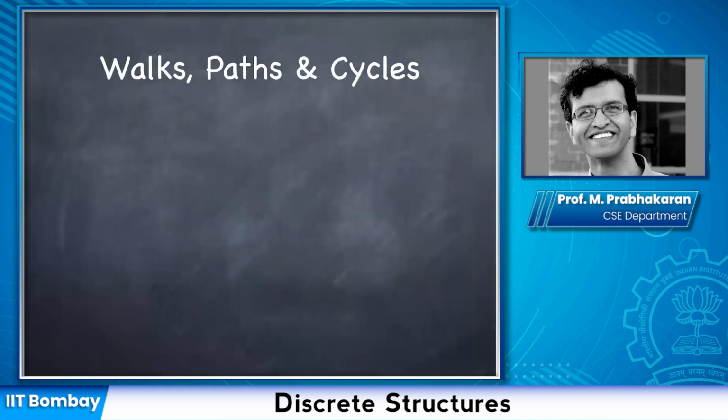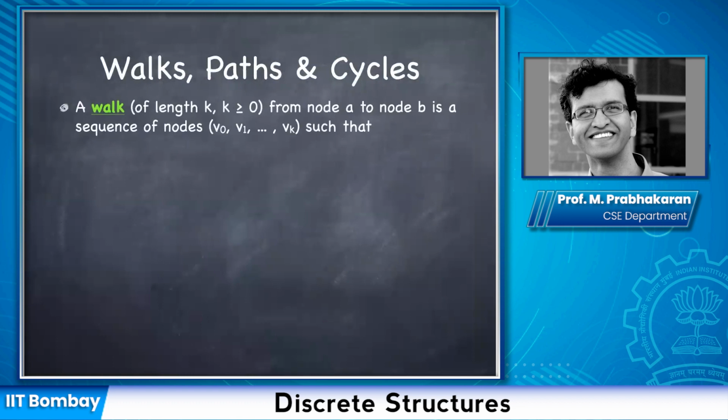So let's formalize these notions, which would let us answer the puzzle. The concepts we need are walks, paths, and cycles. A walk is just a sequence of vertices, all elements in the vertex set: V0, V1, up to Vk. So this is a walk of length k.